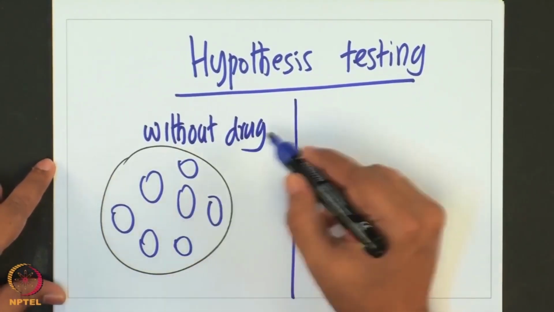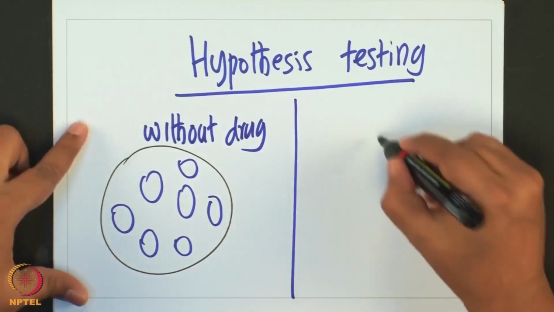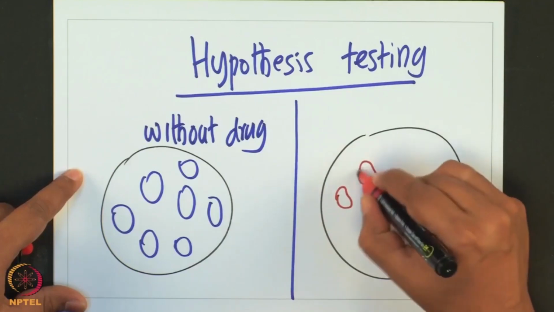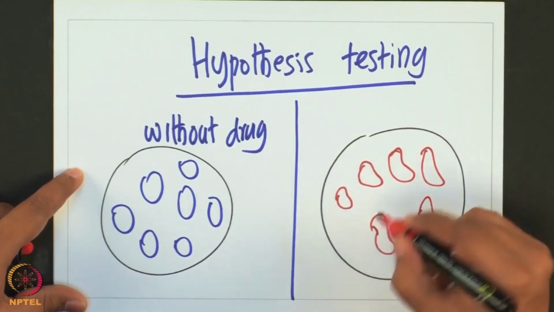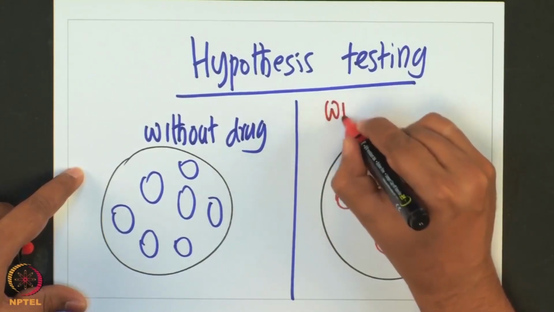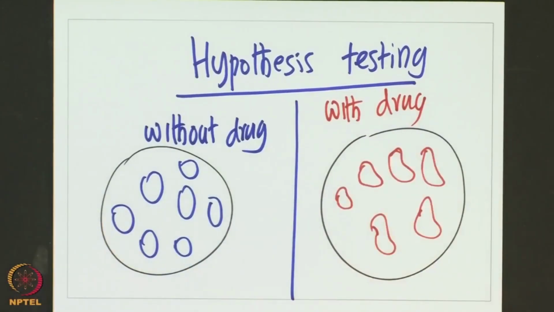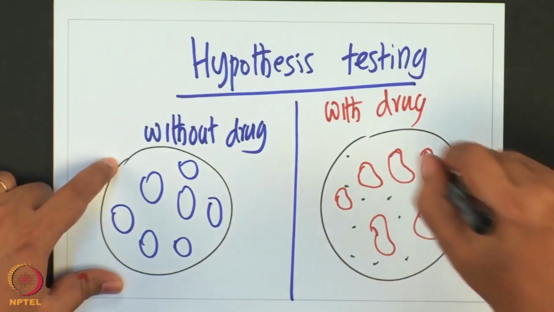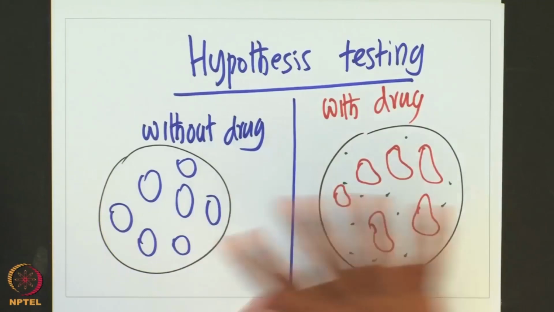So, this could be without drug, and then you could have cells in another petri dish, which will have a similar number of cells. Now, after giving some drug, you would add some amount of drug here, and here you will not have any drug, just the medium.